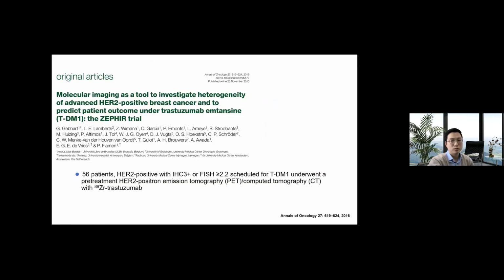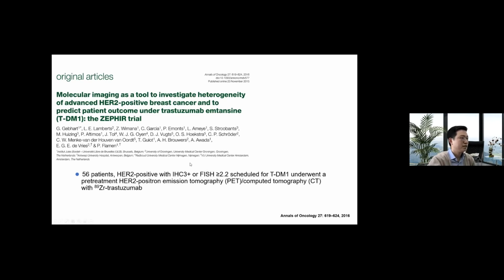Then what is better for this imaging method to evaluate HER2? There are some papers out there showing the efficacy or value of PET imaging over the conventional IHC method.